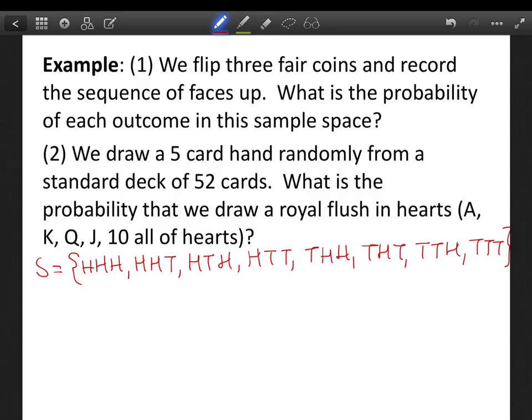What's the probability of each outcome here? Well, when I flip a fair coin, it's fair, so each face has an equal chance of being face up, and so each of these outcomes is equally likely.